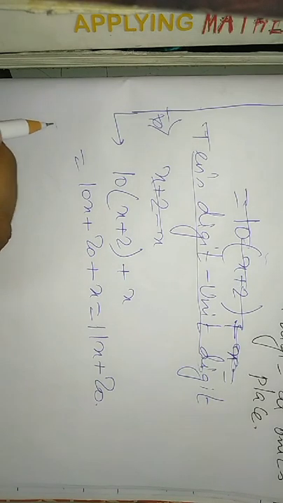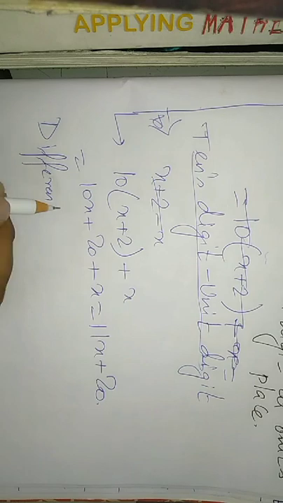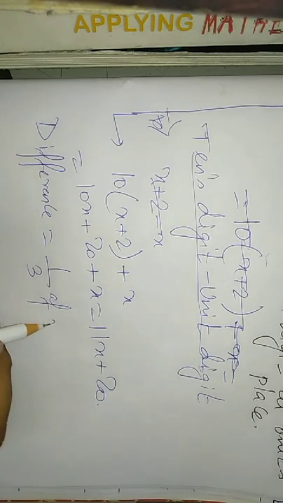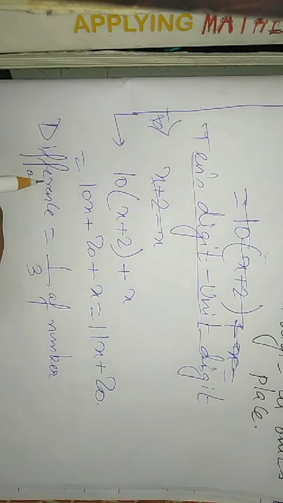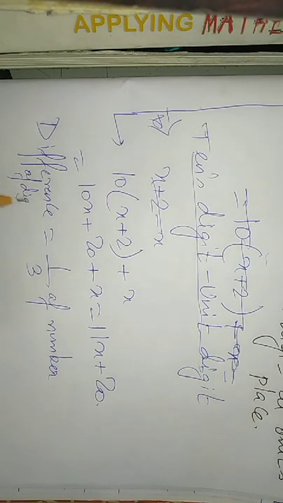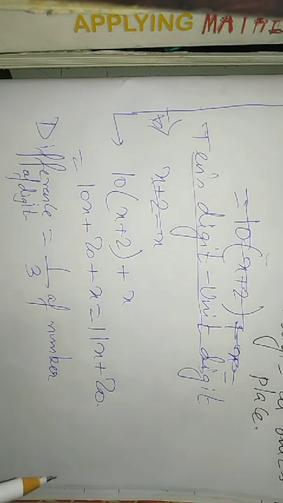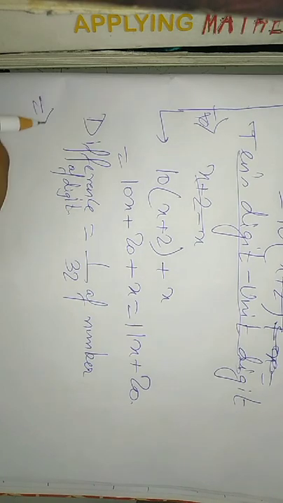So the difference is equal to 1 by 32 of the number. Difference of what? Difference of digits. What is the difference of digits?